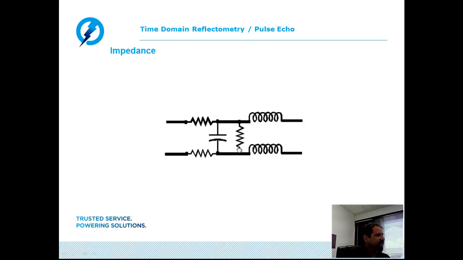And finally, the insulation resistance value of the dielectric material. So all of these parameters together is what we refer to as the characteristic impedance of the cable under test. And the pulse echo technique, in essence, will allow us to find changes in any of these inherent parameters.